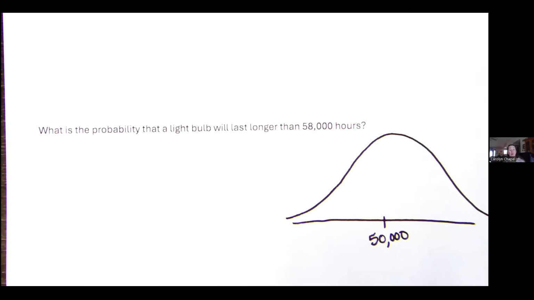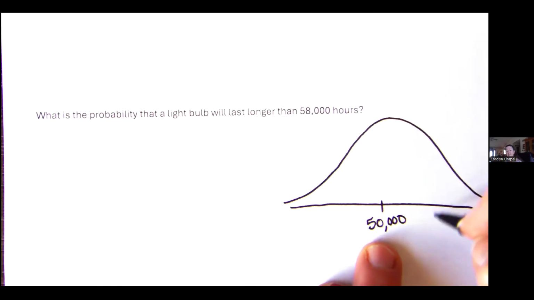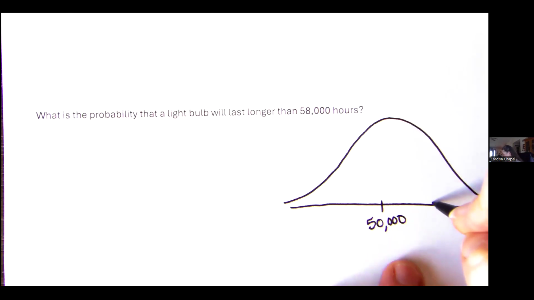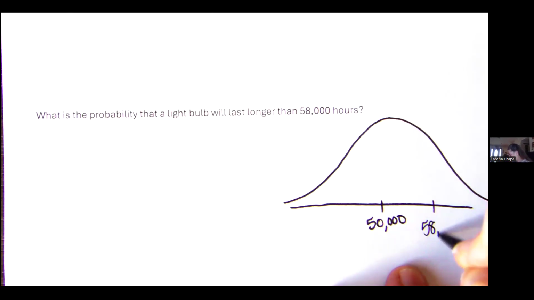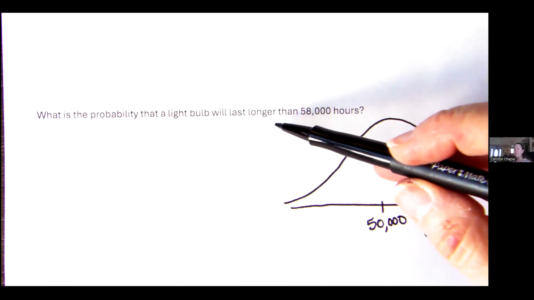So we are going to find the probability that a light bulb is going to last longer than 58,000. So again, 50,000 in the middle. The 4,500 is telling me how steep or flat the curve is. And then we're going to 58,000. And we want to go longer. So that means more time.